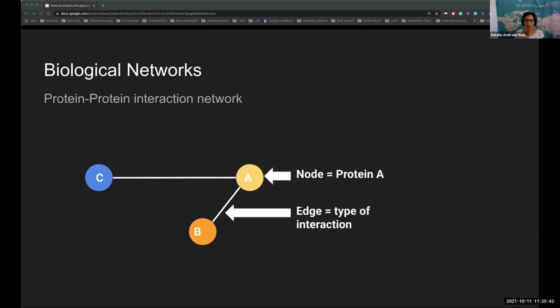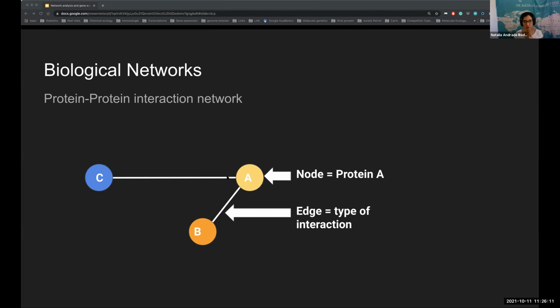In biology, we have some specific biological networks. For example, protein-protein interaction is the first biological field that started with network analysis. Here, an edge represents when proteins are actually interacting with each other, so they have the information about it.